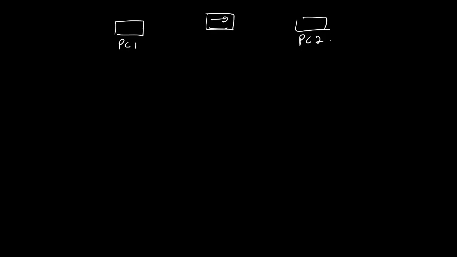All right, so let us say we have PC1 here, and we have PC2 here, and they are connected through a switch. If you don't know what a switch is, do not worry about it.